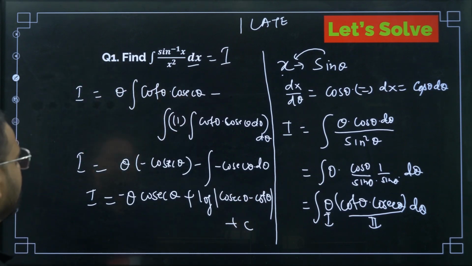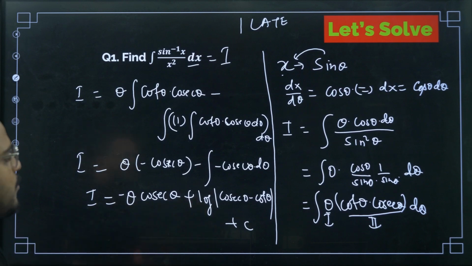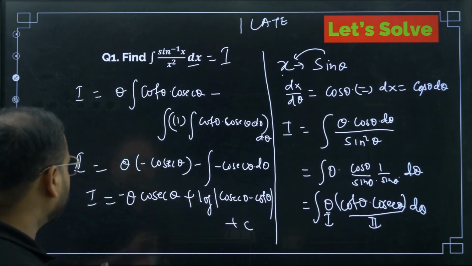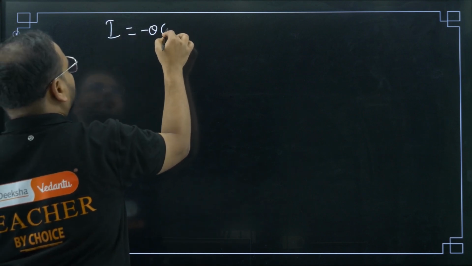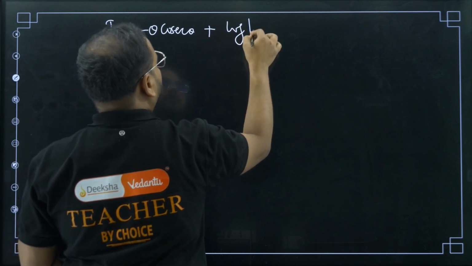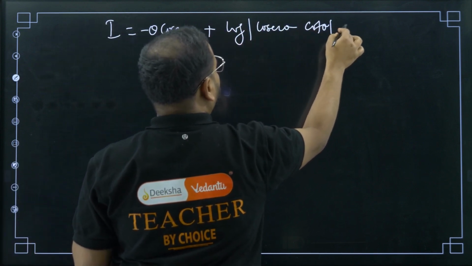Have a look. I have the final answer over here, theta cosec theta plus log of cosec theta minus cot theta plus c. But I want the answer in terms of x because the variable was given in terms of x. So let me write this again. I equals minus theta cosec theta plus log of cosec theta minus cot theta plus c.